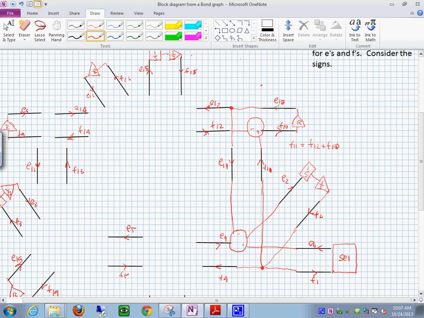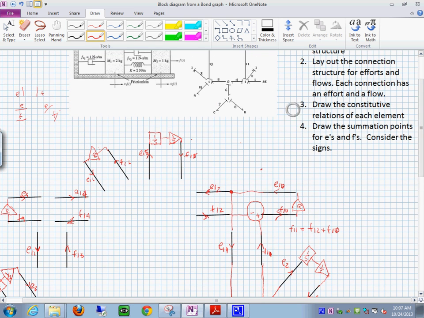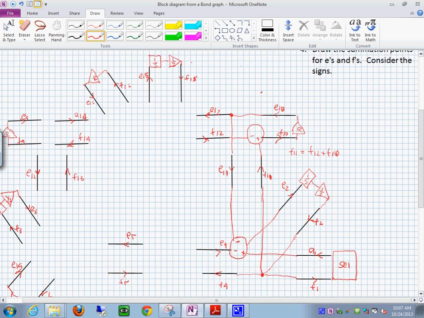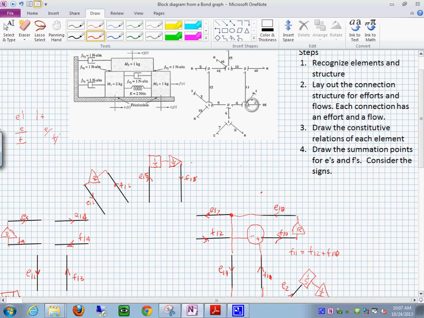E1 would be a plus, minus E11, this would be a minus, and this would be a minus also. And that is the way we would write it for this one. If you want more clarification about this, how would you write the efforts in here?